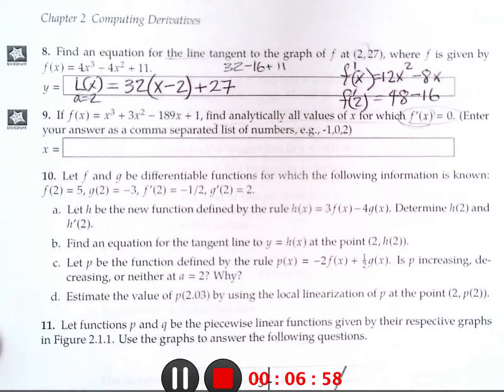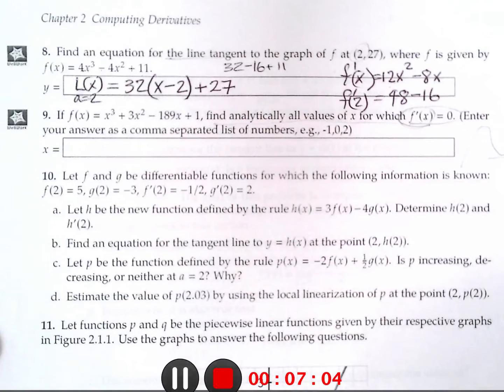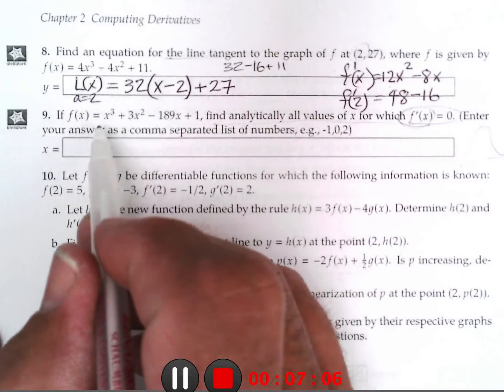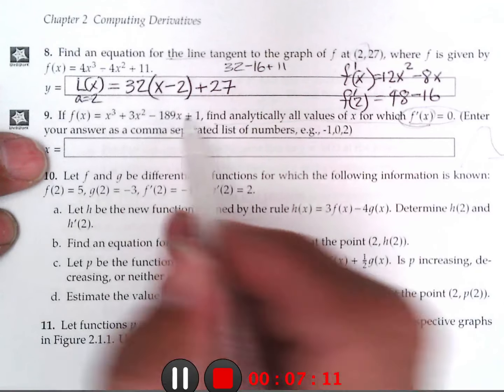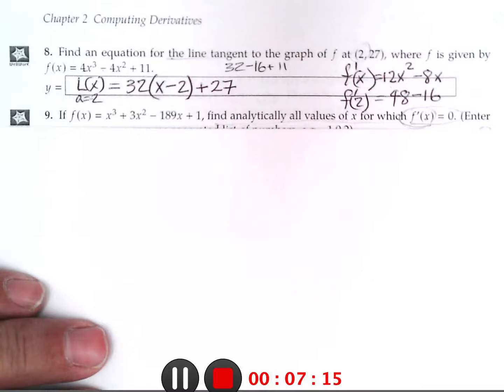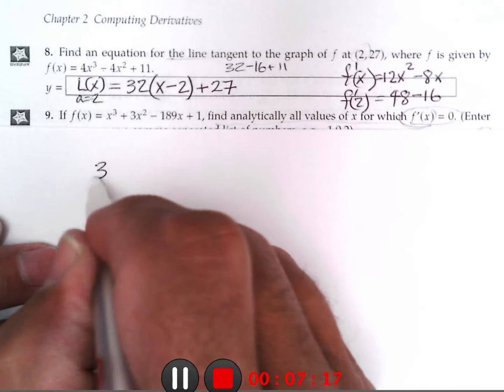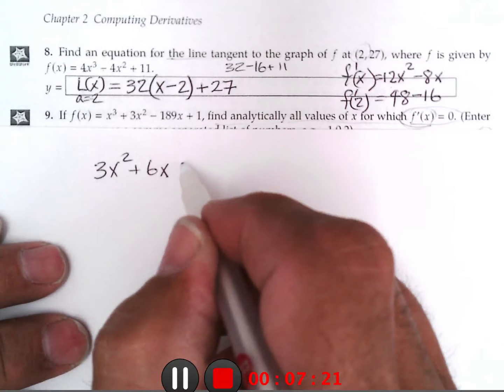Now, if you graph a cubic, it's probably something like this, and there are going to be a couple places where the slope is 0. So let's find the derivative to start with. Let's get another piece of paper here. The derivative of this would be 3x squared plus 6x minus 189.